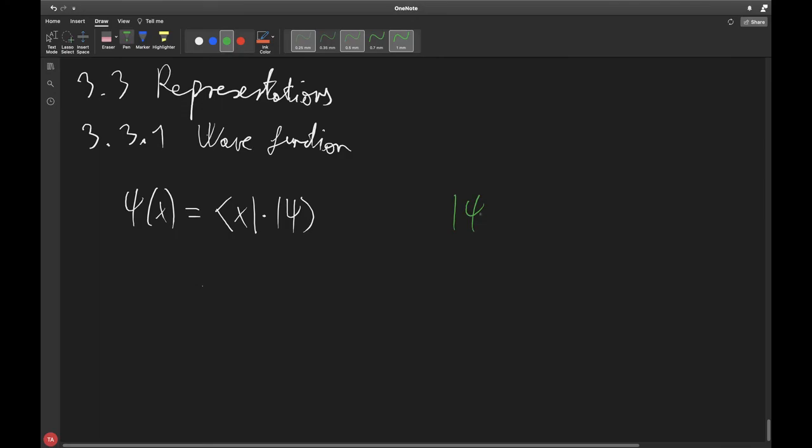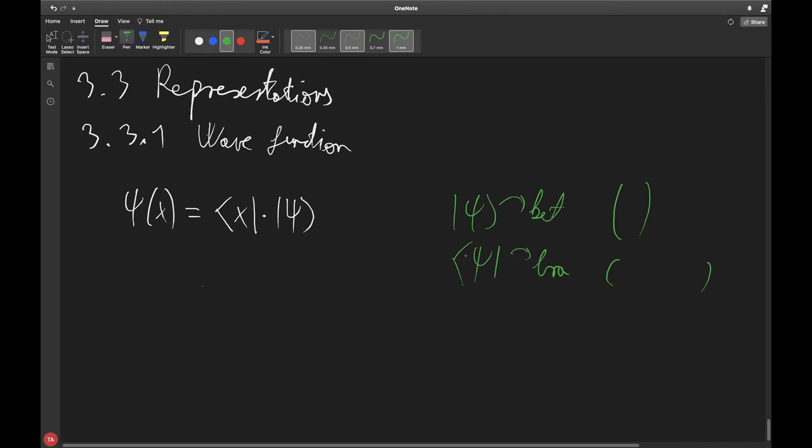We discussed that this thing was a ket of psi. I could also write another vector, which is the covariant or contravariant version of the same thing, that is called the bra. So when I scalar multiply a bra with a ket, I will get a number out of it.